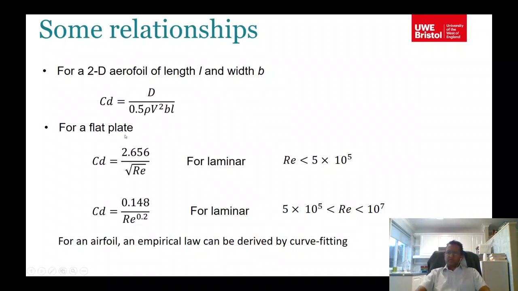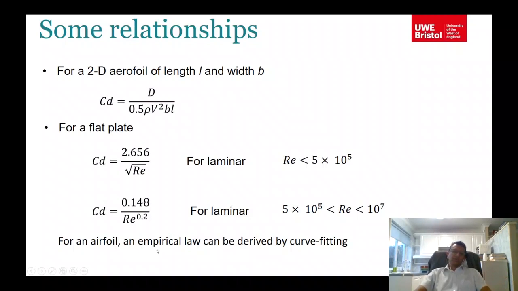For a flat plate, CD is normally 1.328 over root RE when it is laminar. For transition and turbulent, between here and here, your CD would be 0.148 over RE to the power 0.2.